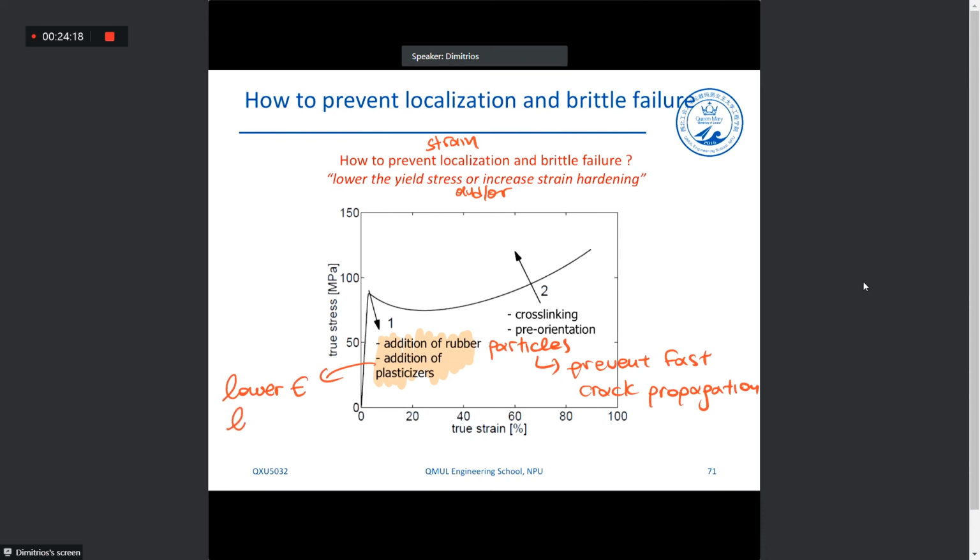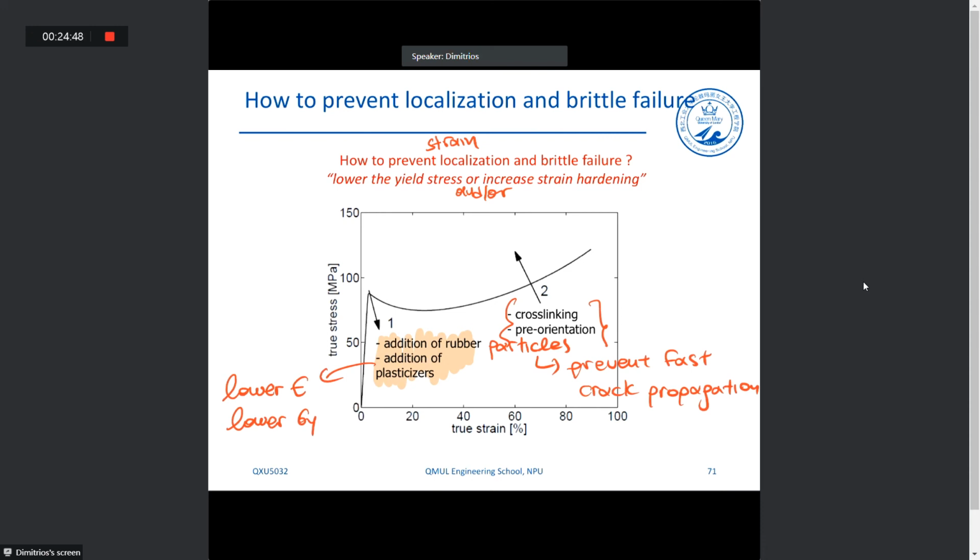Okay, and also in order to increase the ultimate tensile strength, we can have enhanced cross-linking and pre-orientation for our materials. Okay, because by using more cross-links, the polymer finds it more difficult to break, and that leads to an increase in ultimate tensile strength.